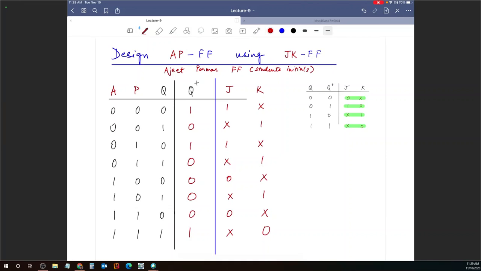The next step, K-maps. I can erase this now.